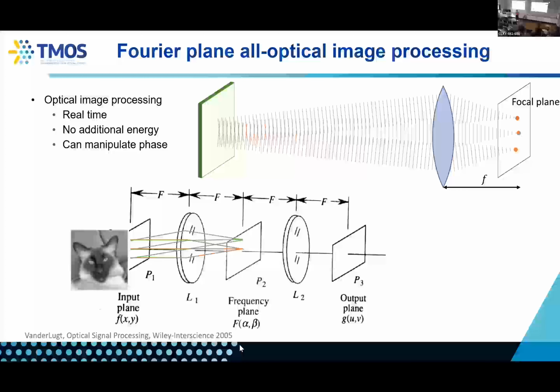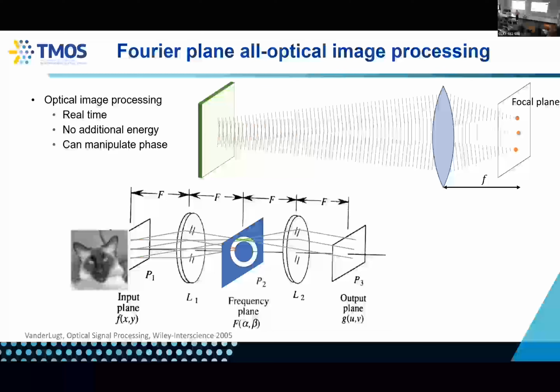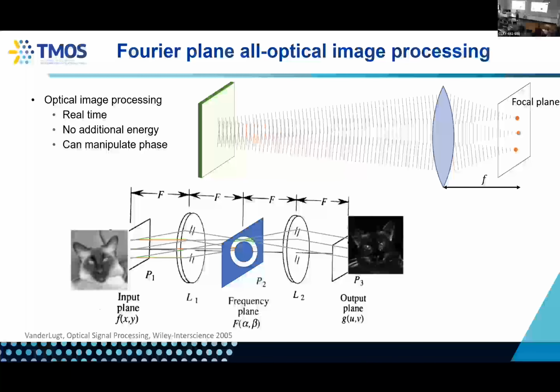In this old diagram it is referred to as the frequency plane, the spatial frequency plane, or the Fourier plane, where we can directly address the different Fourier components of the field by introducing a mask. For example, one that blocks the plane waves that correspond to low spatial frequencies, and then you end up with an output image. I haven't reversed it here, but the idea is that you end up with an edge-enhanced image.